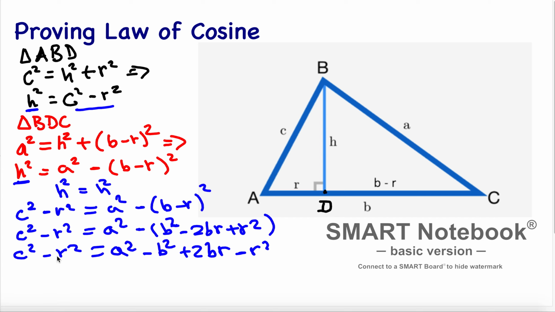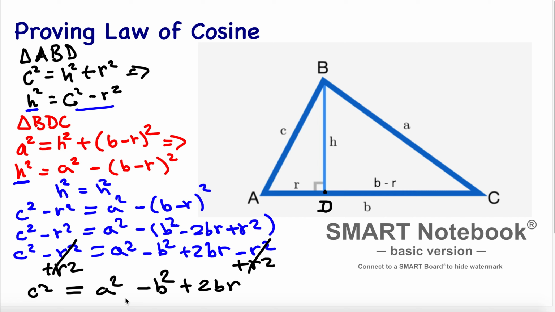But now in this equation, because I have minus r squared on both sides, I'm going to add r squared to both sides. And this we can simplify here. And what remains is c squared is equal to a squared minus b squared plus 2br. And what I'm going to do now is add b squared minus 2br to both sides.